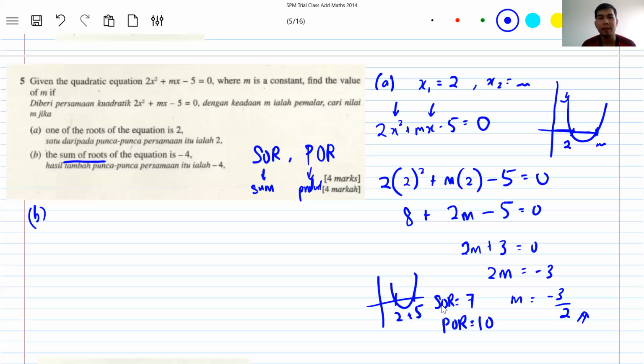And then we will go into the finding that we are taught at school, which is x squared minus SOR x plus POR is equal to 0. This is an equation that holds true. Bear in mind, there are things to note here.